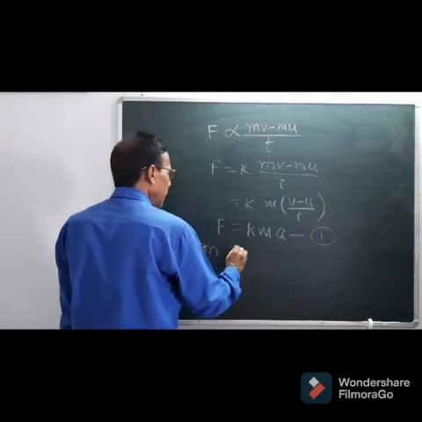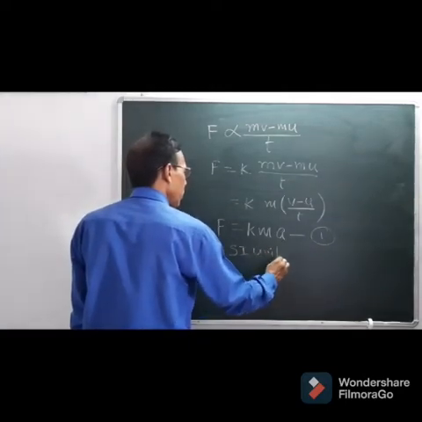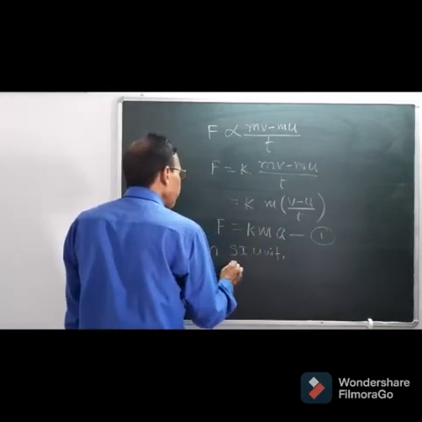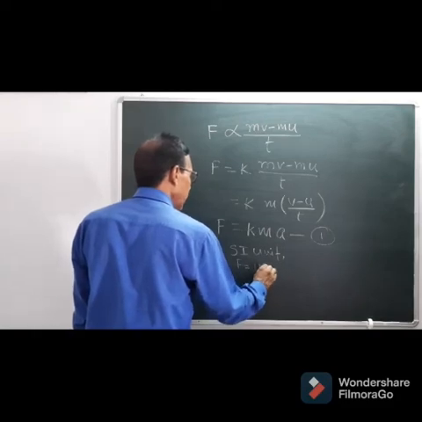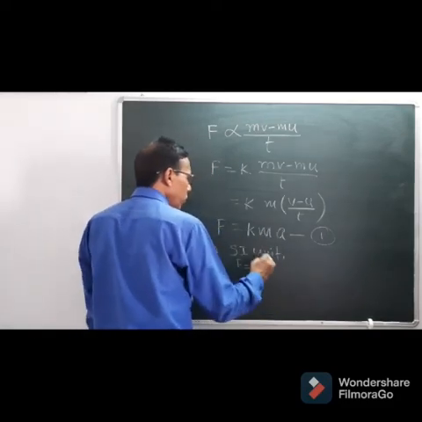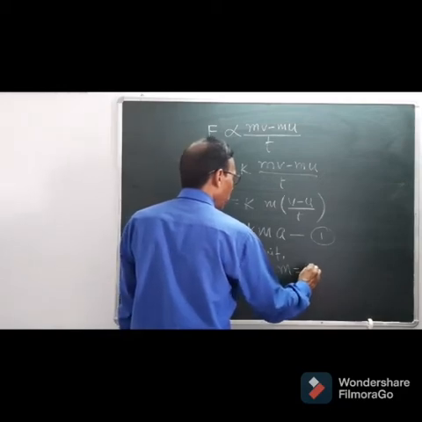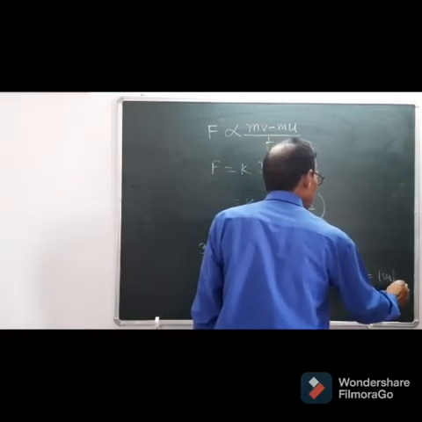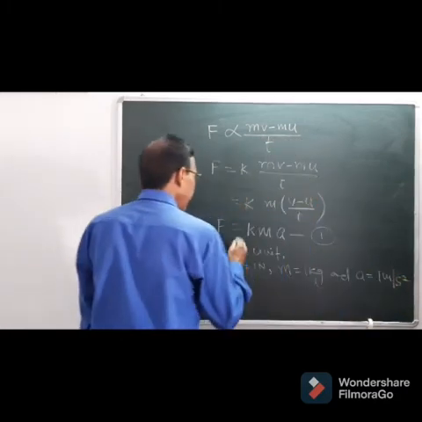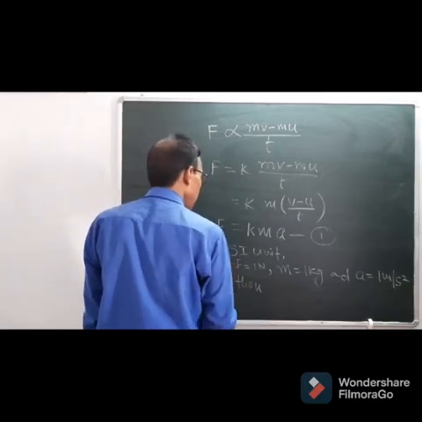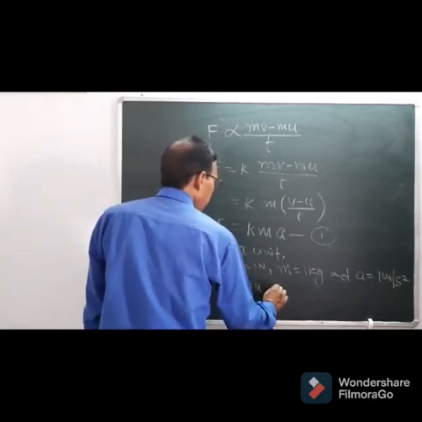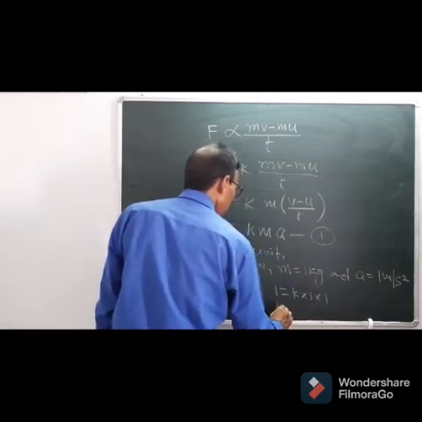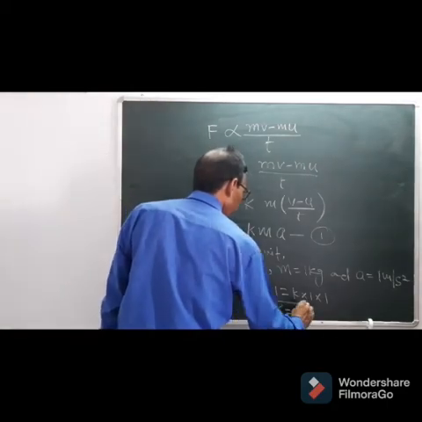In SI unit, suppose F is equal to 1 Newton, that is force is equal to 1 Newton, mass m is equal to 1 kg, and acceleration a is equal to 1 meter per second square. Then 1 is equal to k into 1 into 1, which gives k is equal to 1.